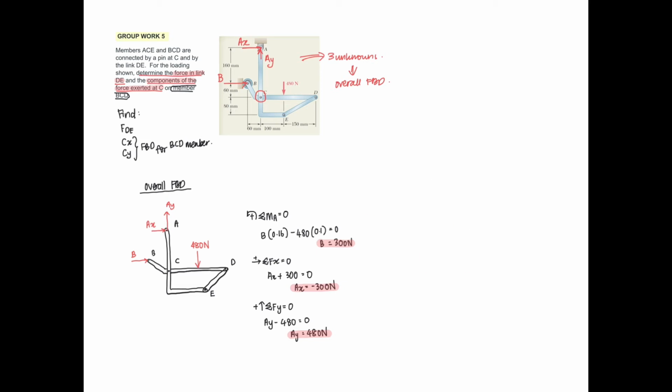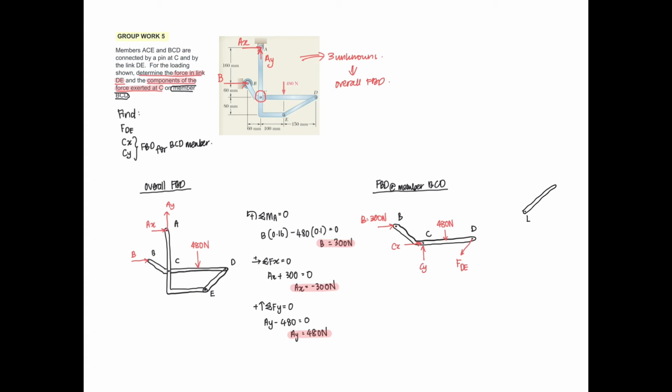Okay, so this is the FBD for member BCD. Again we have the roller B, force already known, B equal to 300 Newton. And then of course at point C we have a pin connection, CX and CY, and we also have FDE. So the direction of the FDE is referring to the two force member DE.